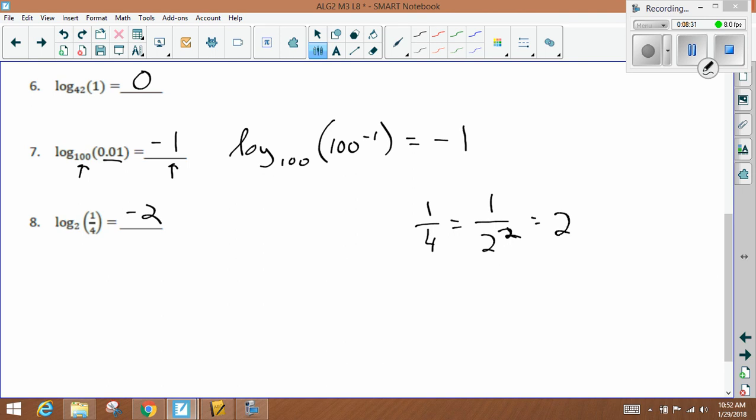Which is the same thing as 2 to the negative 2. So maybe that helps if you don't see that right away. You could rewrite this as log base 2 of 2 to the negative 2 equals what? So you're saying 2 to what power is going to give you 2 to the negative 2? Well, it's got to be negative 2, right?